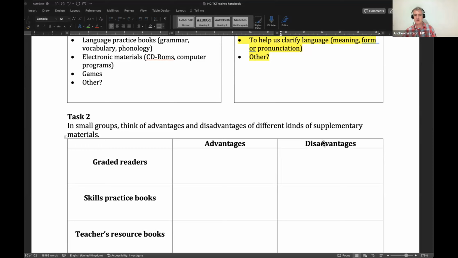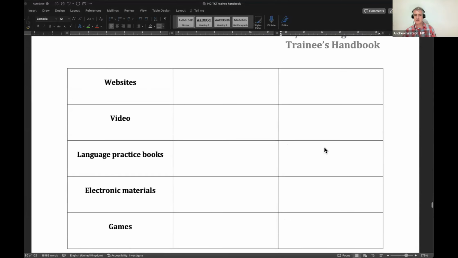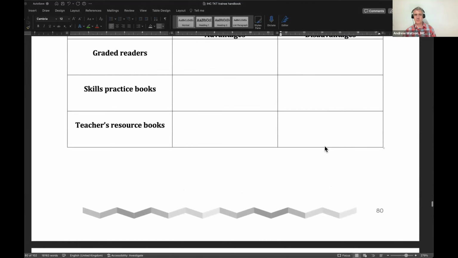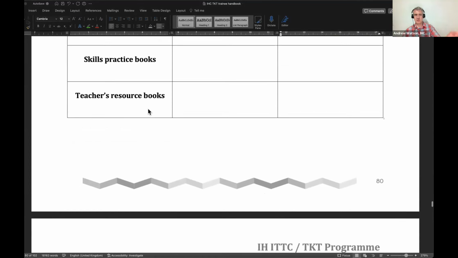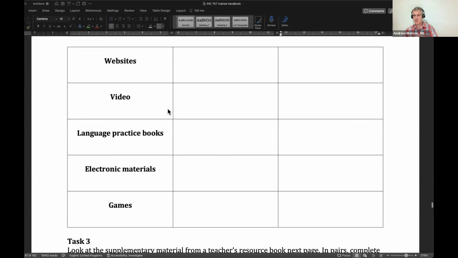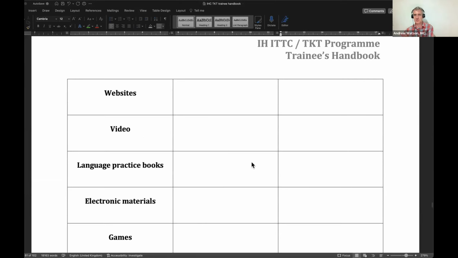So, any questions before you begin? No. I mean, we could do it that way, or the alternative is that we divide up graded readers for one person and the other person does video, language practice books, electronic games, and you cover advantages and disadvantages for both.